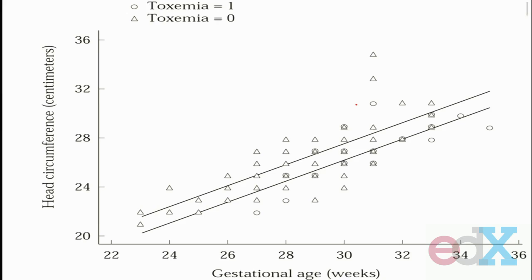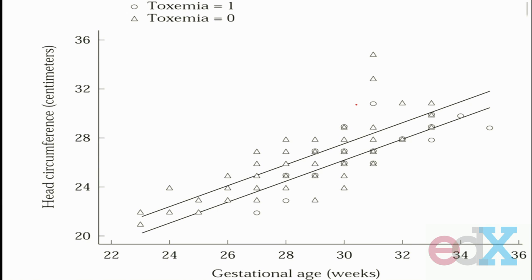And the question is, is there possibly some sort of interaction between toxemia and gestational age? Does gestational age mean something slightly different for babies born of a toxemic mother than it does for babies born of non-toxemic mothers?